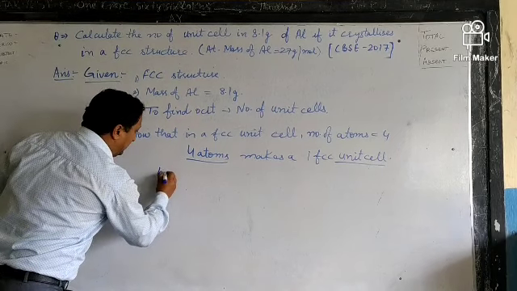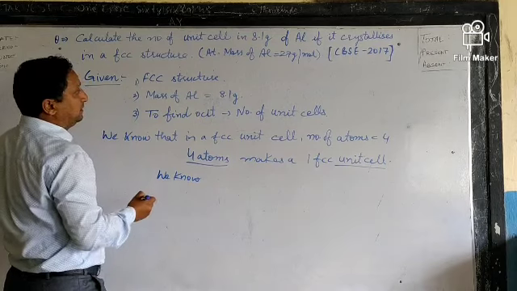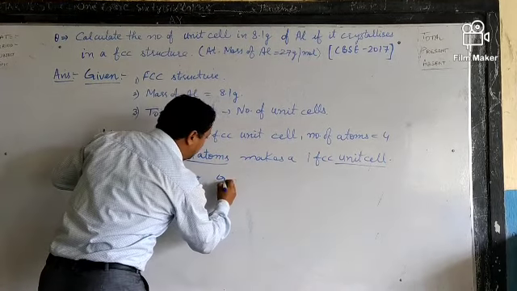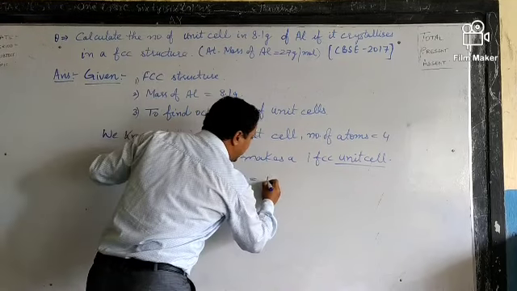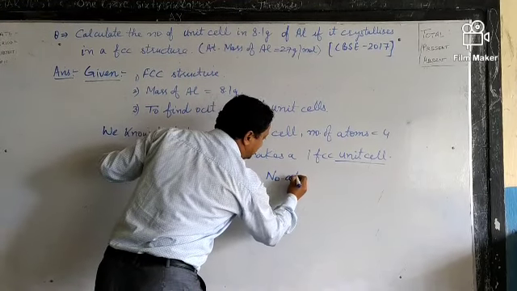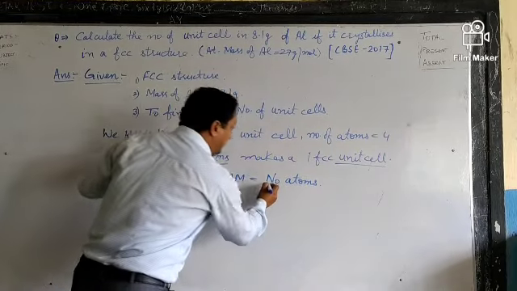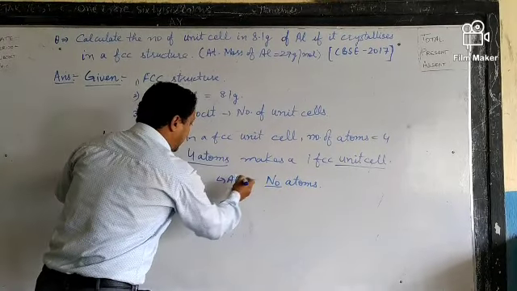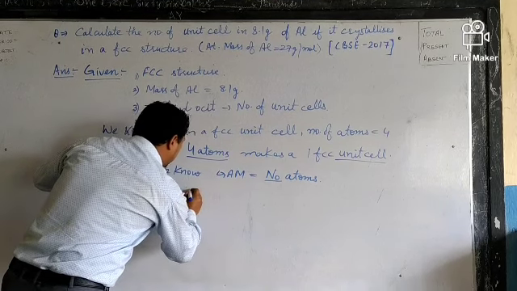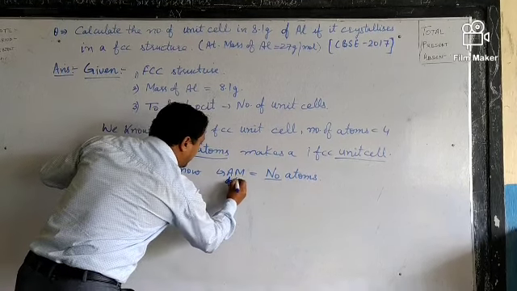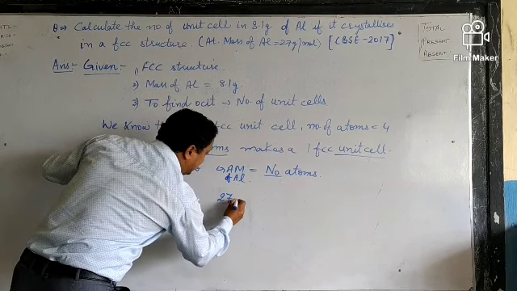We know gram atomic mass is equal to N naught atoms. N naught means Avogadro number. So gram atomic mass of aluminium, we will do it of aluminium, will become 27 grams.